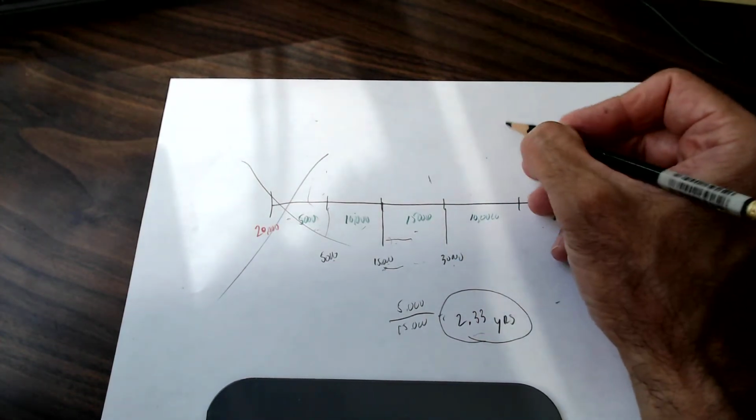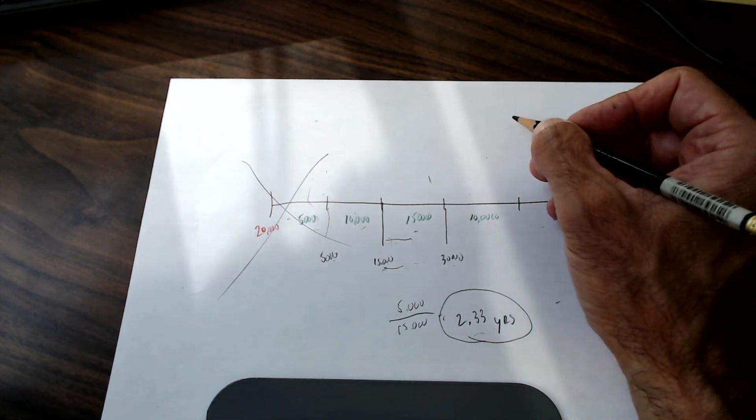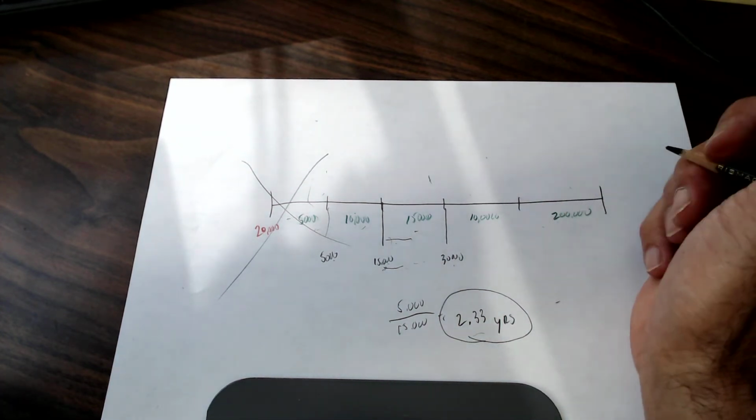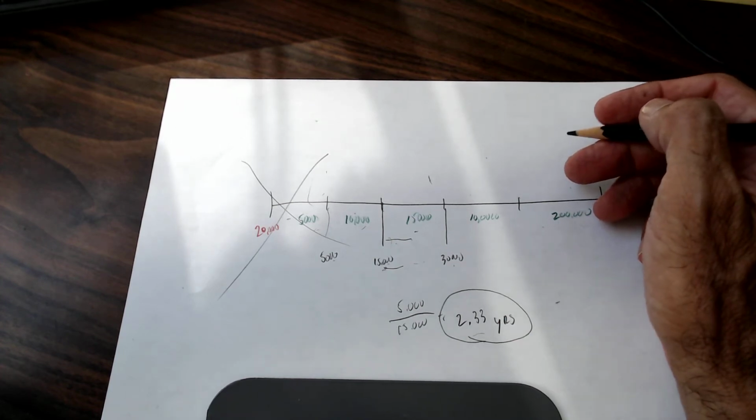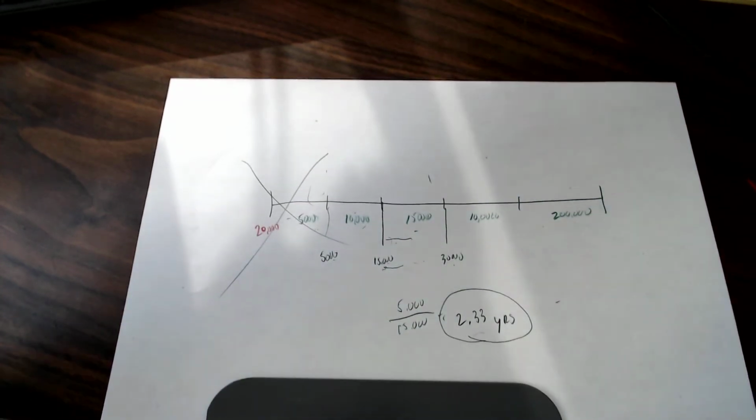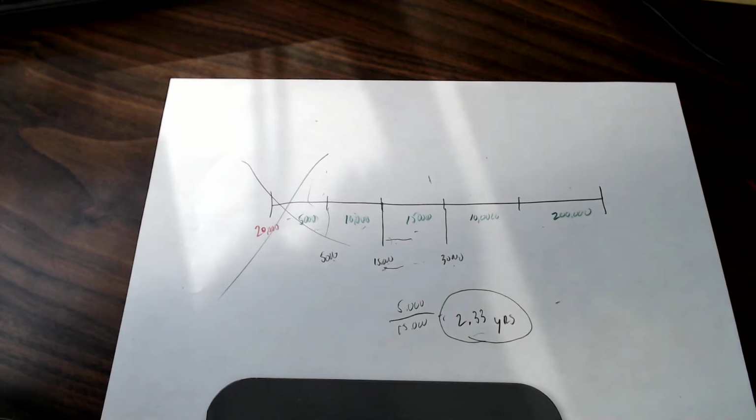So this payback method is not the only method we would want to use. This method is used more as a screening method, perhaps. Perhaps I've got a plot of land and I can do 40 different things with it, and I've got 40 different proposals. And maybe I don't want to evaluate 40 different proposals, so I'm just going to say, well, I'm only going to evaluate those proposals that have a payback period of 3 years or less.